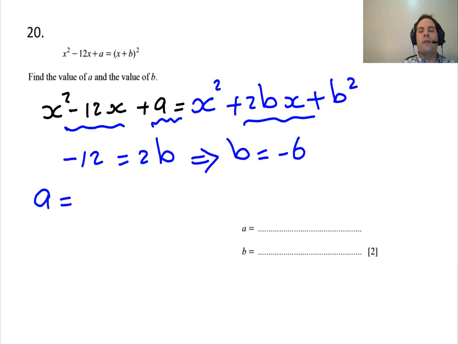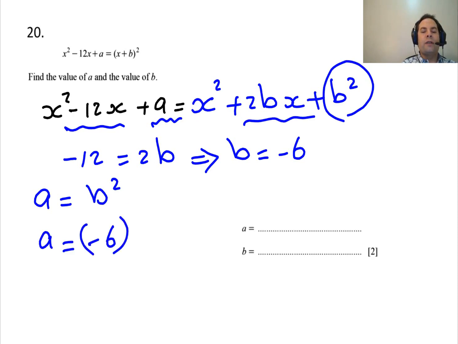The constant on the right side is b squared. The value of b is negative 6, so a is negative 6 all squared. So the answer is 36. He asked to get the value of a, which is 36, and the value of b, negative 6.